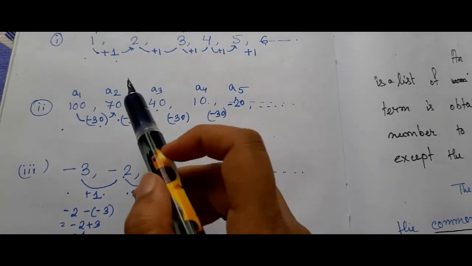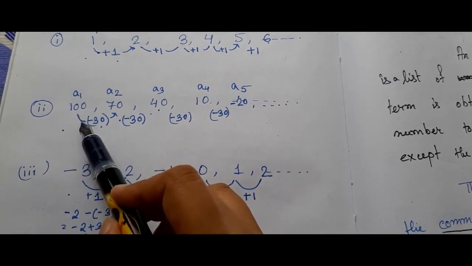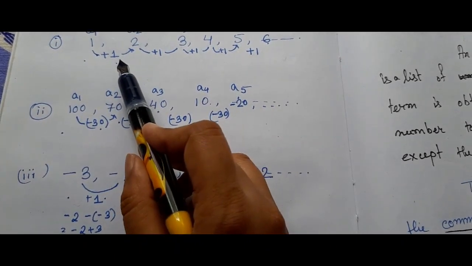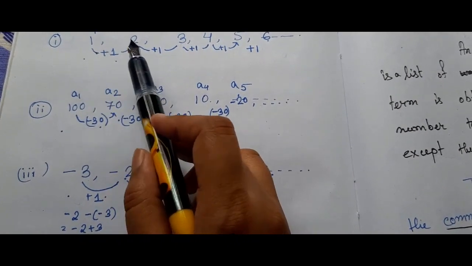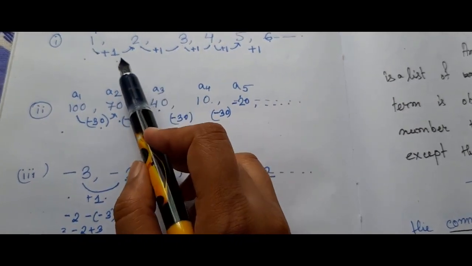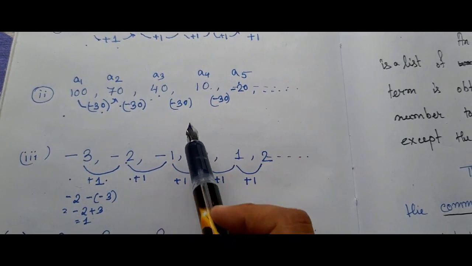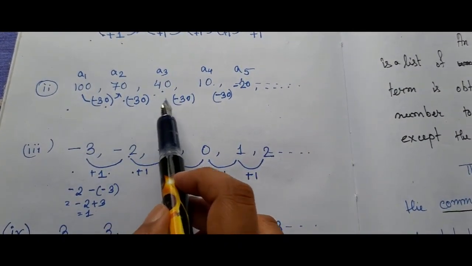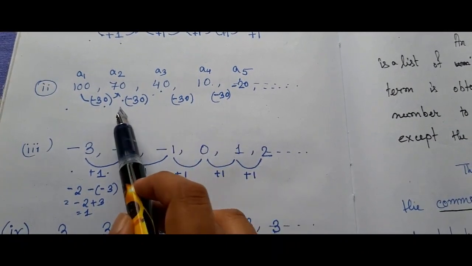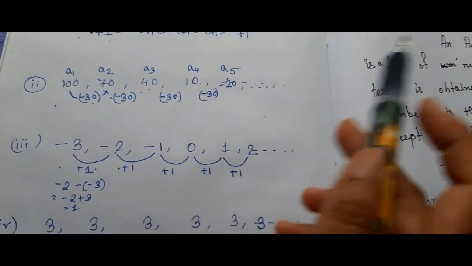Here the fixed number is 1. If I add 1 to the first term, I get the second term. If I add 1 to the second term, I get the third term. Similarly, in each step this number remains fixed; the difference is fixed.